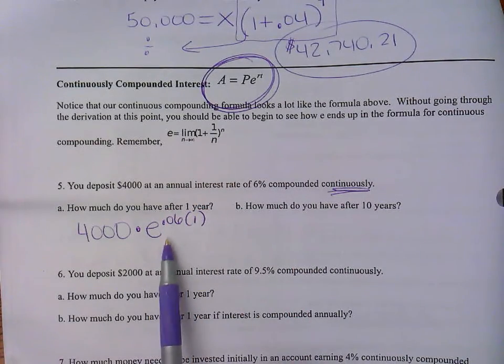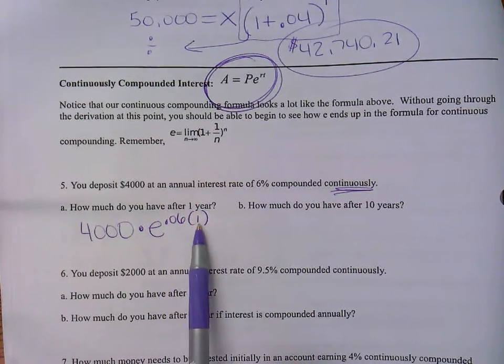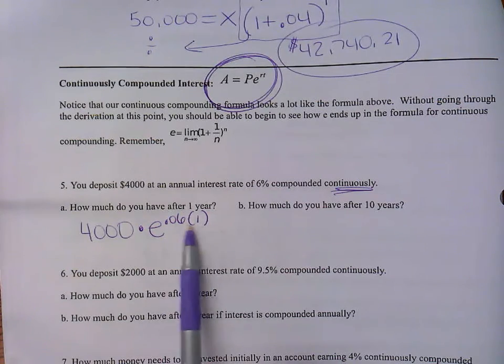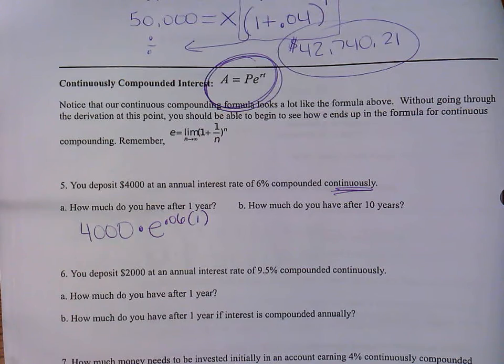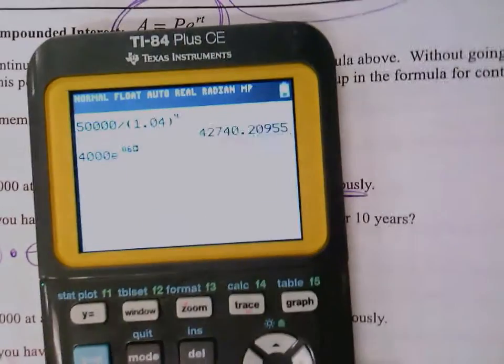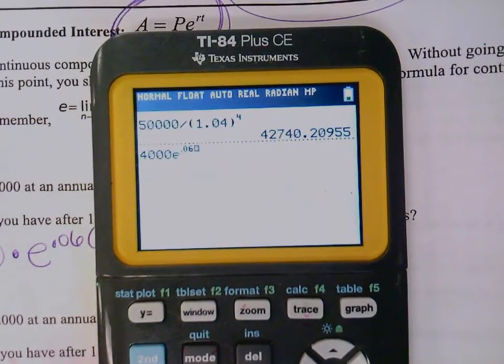For our case, it's 6% times 1 year. I would use the exact value for E on your calculator, and you should be able to just type it in like that. So 4,000 E to the 0.06 power.